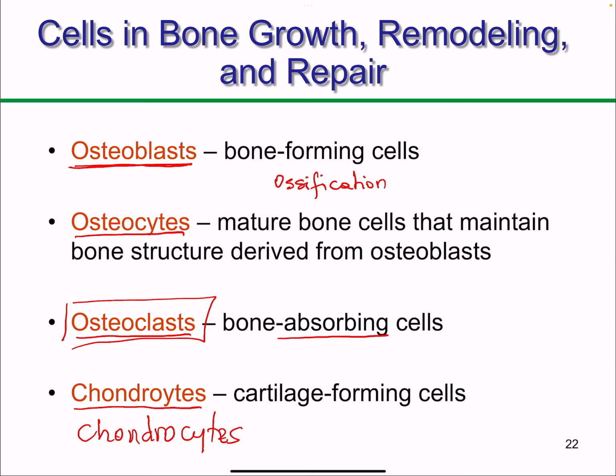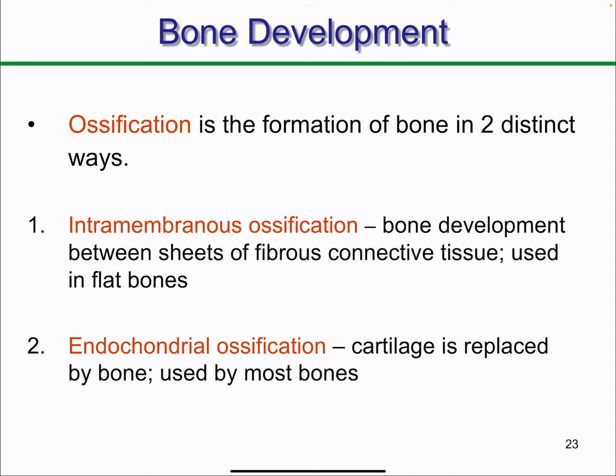But remember that bone formation occurs out of hyaline cartilage, right? Therefore, before the formation of the bone, you have chondrocytes present in there, okay? So please correct this. This is chondrocyte, all right? These are cartilage cells. All right.